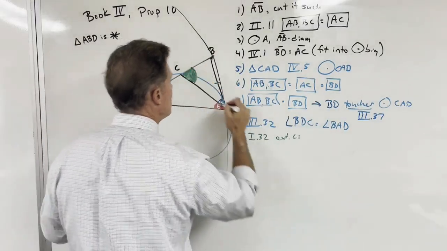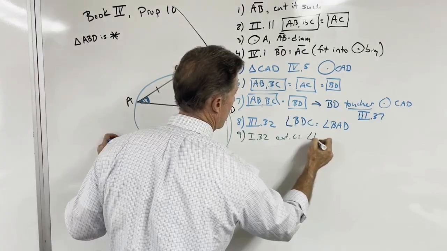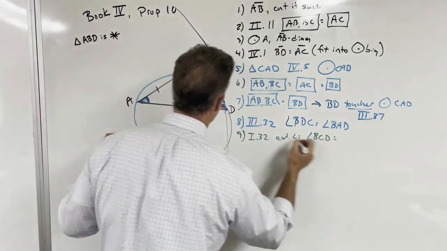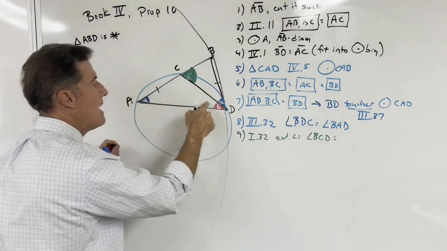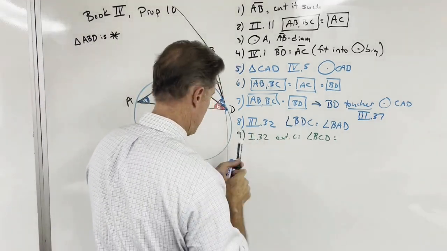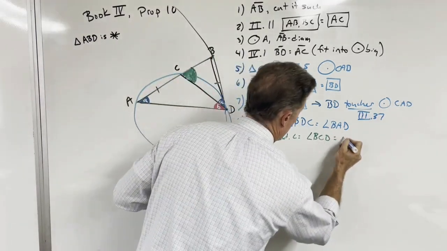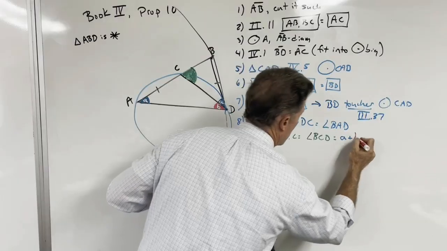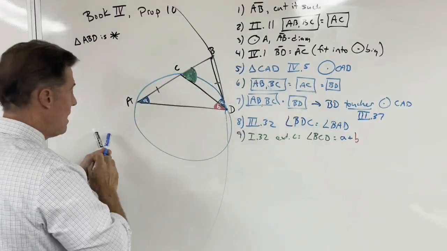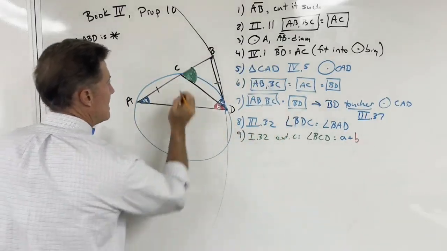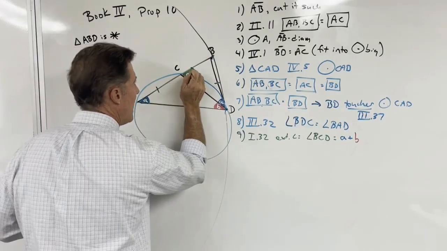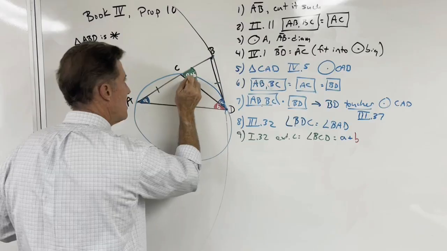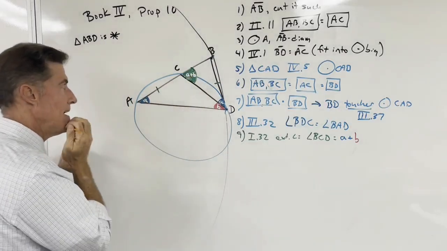So angle BCD is equal to the angle at A and the angle at B. So let's just write that in. Let's just say this angle is equal to A plus B. The exterior angle is equal to the two opposite interior angles.